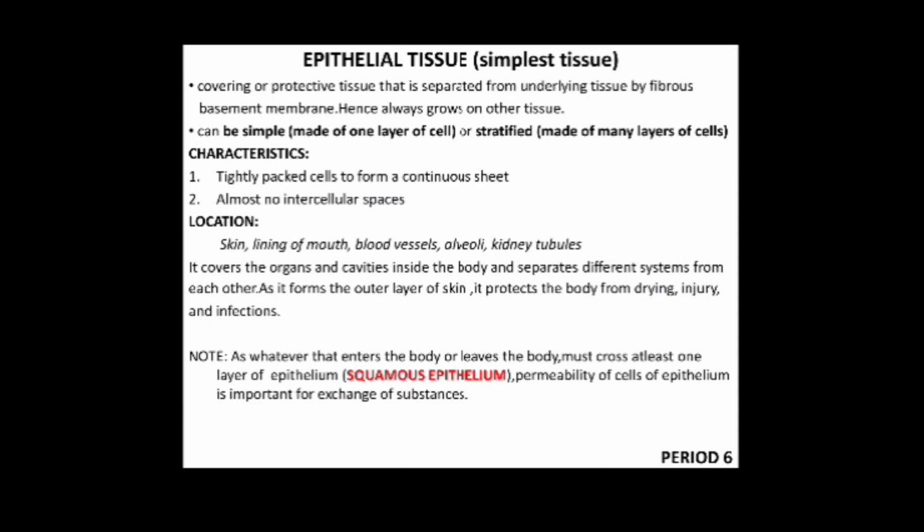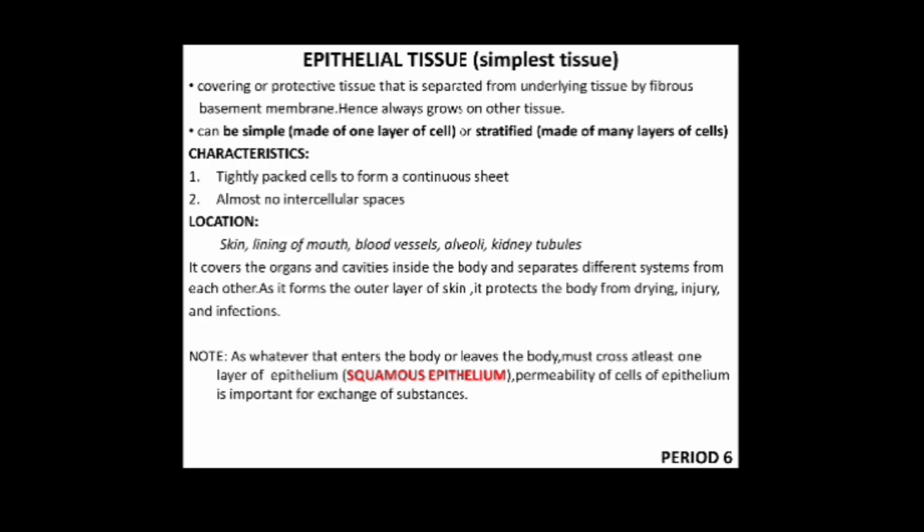Now epithelial tissue is the simplest tissue, covering or protective tissue that is separated from the underlying tissue by fibrous basement membrane, hence always grows on the other tissue. It can be simple, that is made up of one layer of cell, or stratified, that is made up of many layers of cell.